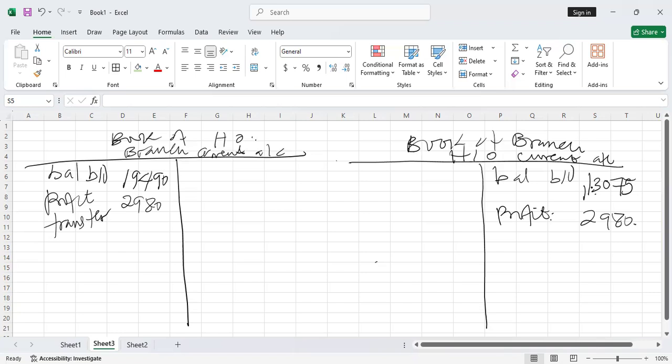So far we see that these accounts did not start with the same balance. Why? Because the head office had already credited the branch with things that they have not yet received. And therefore, we are going to charge them goods in transit, and it's 2,200, and then cash in transit.